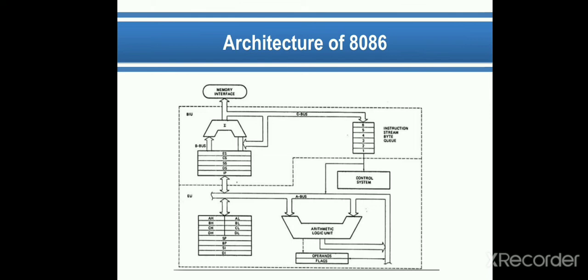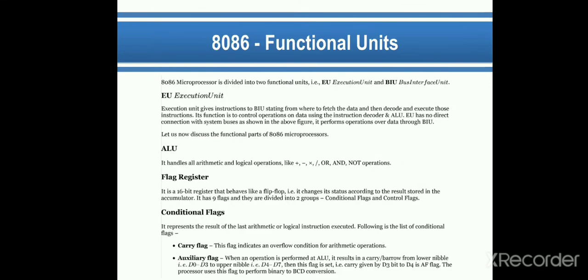And here also there is one arithmetic logic unit, meaning ALU. Some operands and flag registers are also there, like 8085. This is the architecture which we have already seen in our previous slides. Now we will explain these functional units.